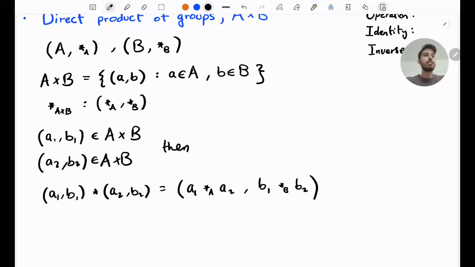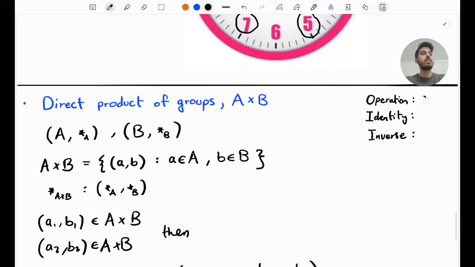Perfectly valid operation. So this operation is the combination of both operations of A and B.